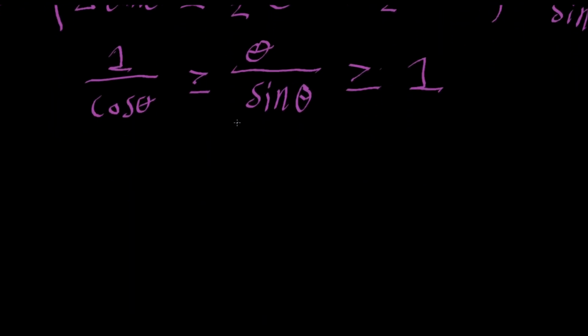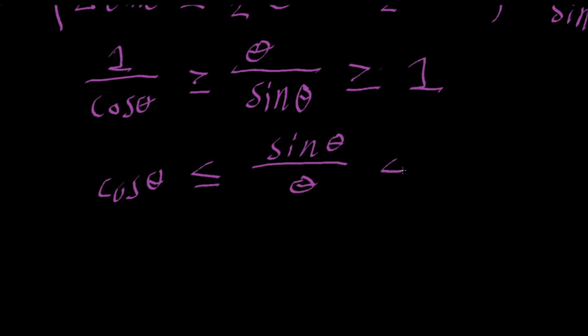And now if we take the reciprocal of each of these, that should flip the inequality signs, and we see that cosine of theta, because that's the reciprocal of 1 over cosine of theta, will be less or equal to sine of theta over theta, which will be less or equal to 1.